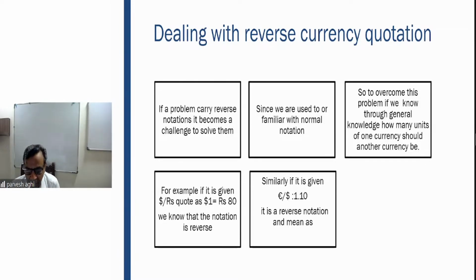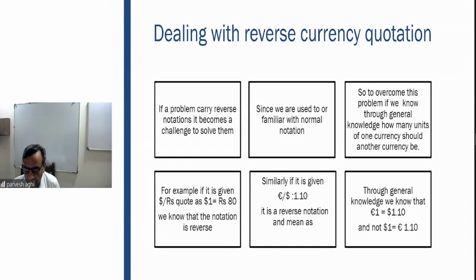Similarly, if it is given that euro oblique dollar is 1.1, it is a reverse notation because this is telling you that $1 is equal to so many euros. But we know you can't buy more euros from $1, but from 1 euro you can buy more dollars, because euro today is close to about 90, for example, and dollar is close to about 80.